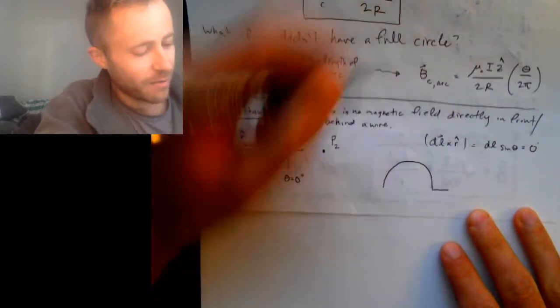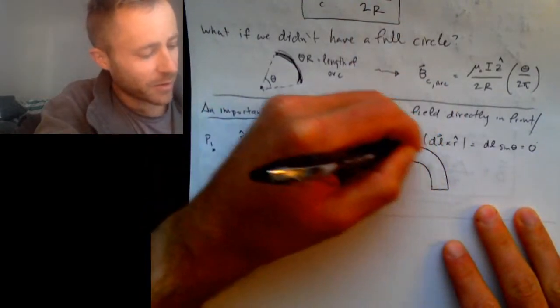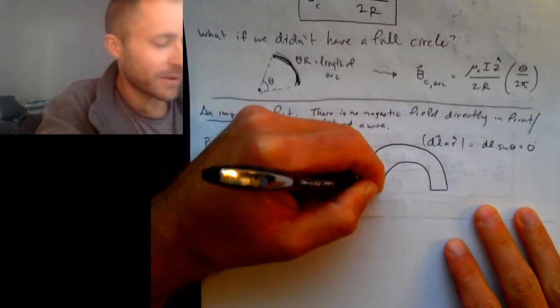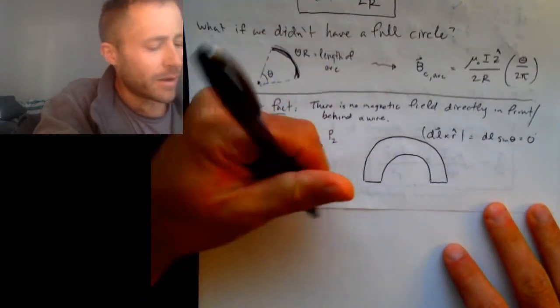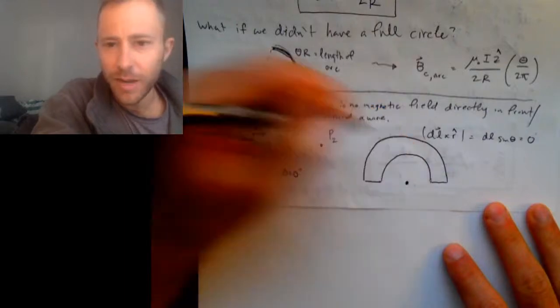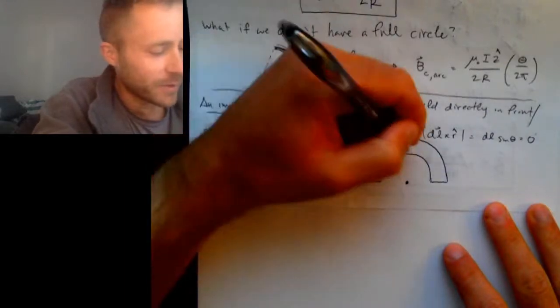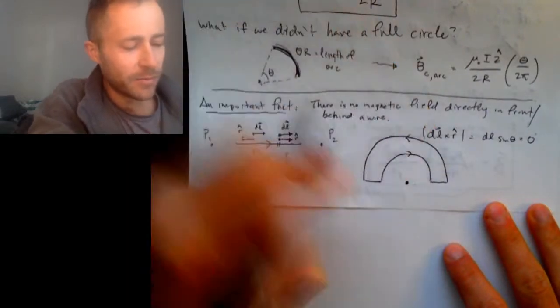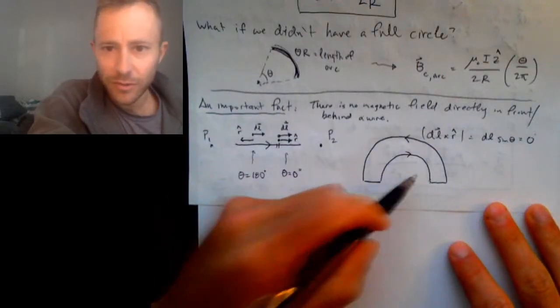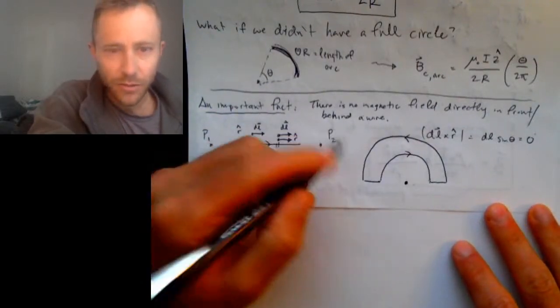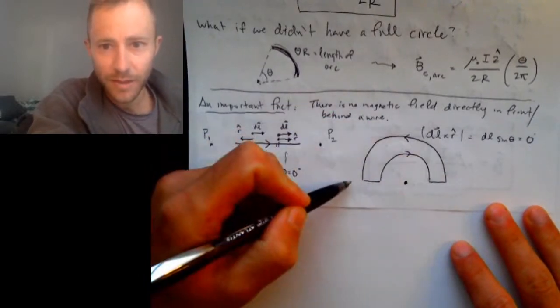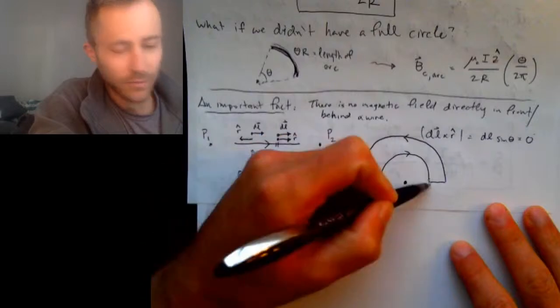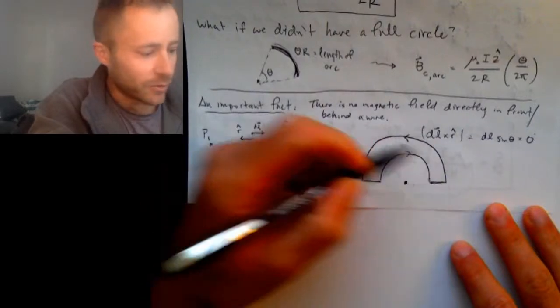Okay, so you might have a loop of wire that does something like this, and you're trying to calculate the magnetic field at the center. You can see this is made up of 2 semicircular arcs and then 2 straight segments.